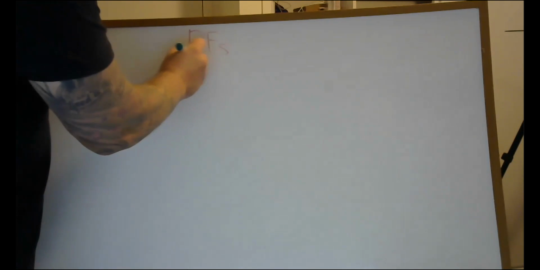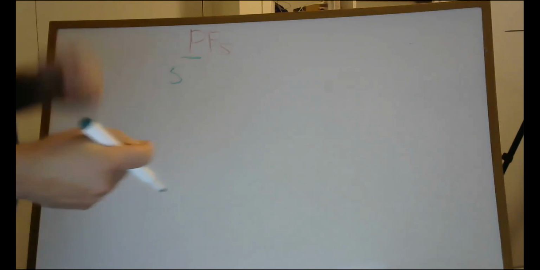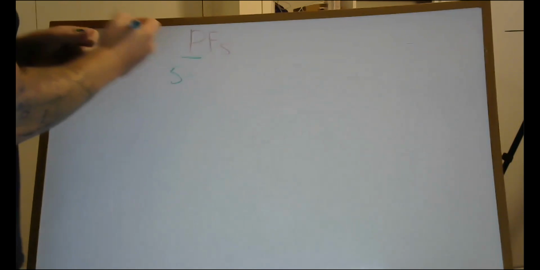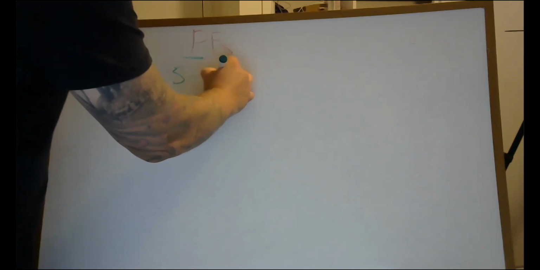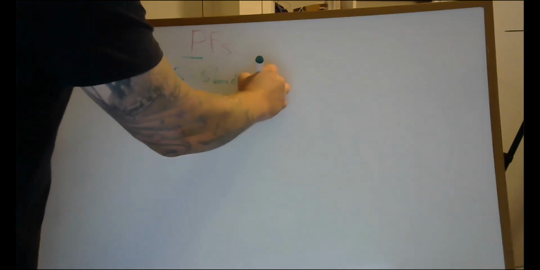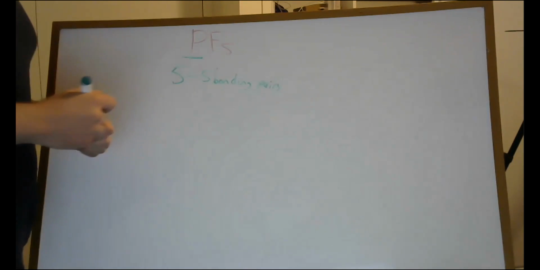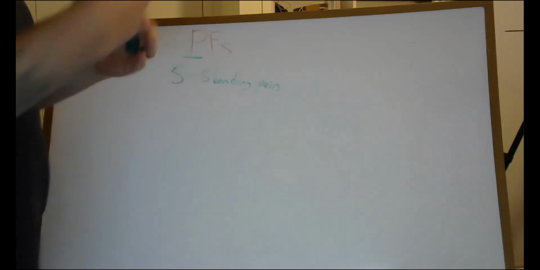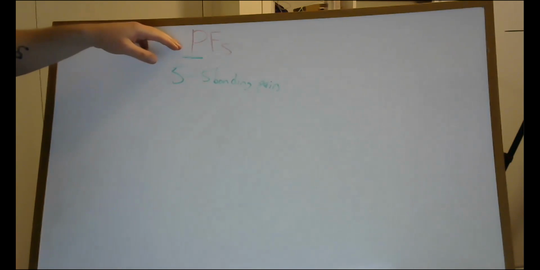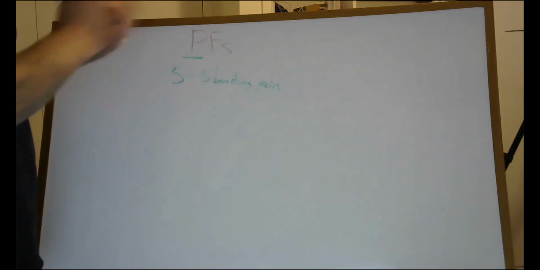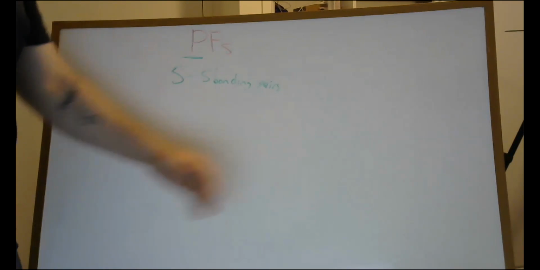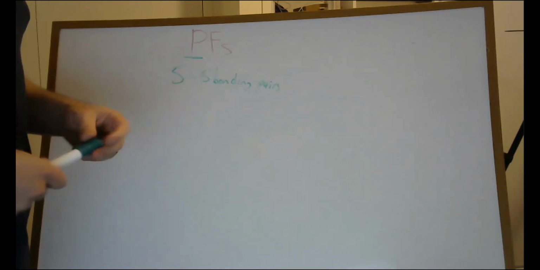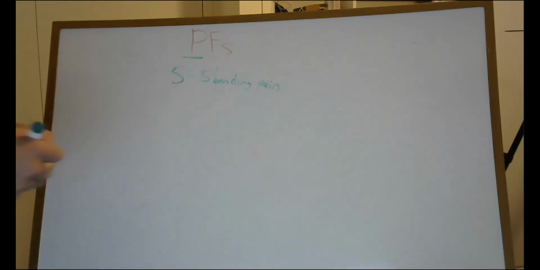All my pens are dead. So PF5, phosphorus is in group 5. Anything with phosphorus has 5 bonding pairs, because there's 5 valence electrons, there would be 5 bonds. So you have phosphorus and then you have 5 fluorine. It's in the formula there for you. So 5 bonding pairs, it's in group 5, so it will create 5 bonds.